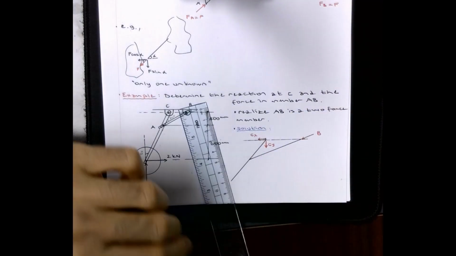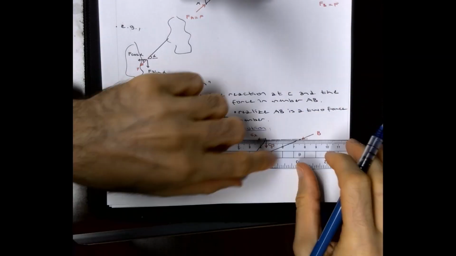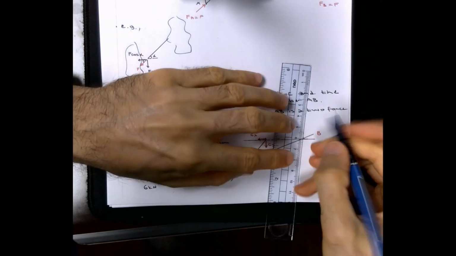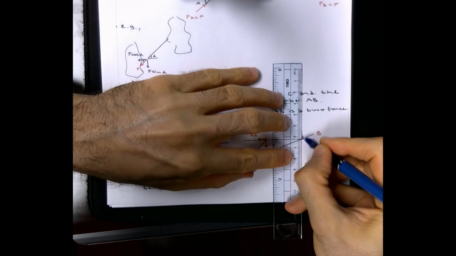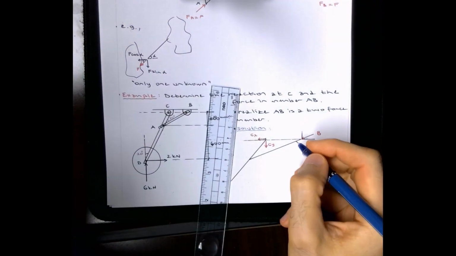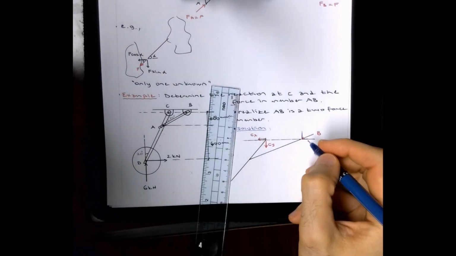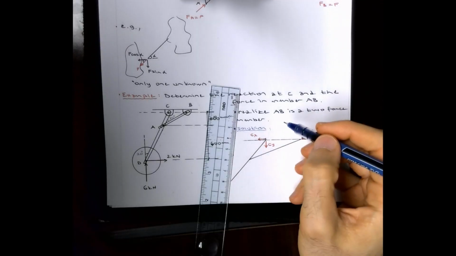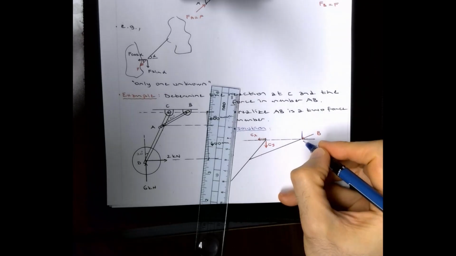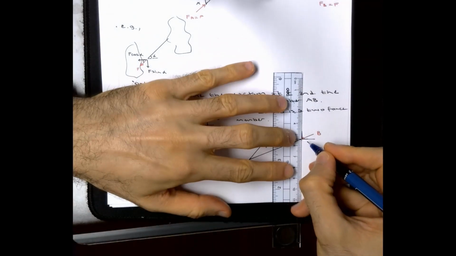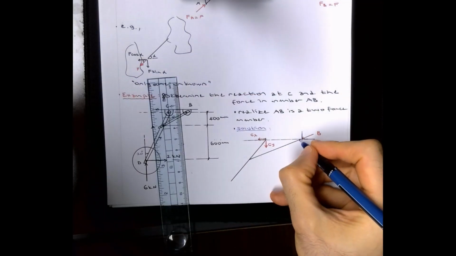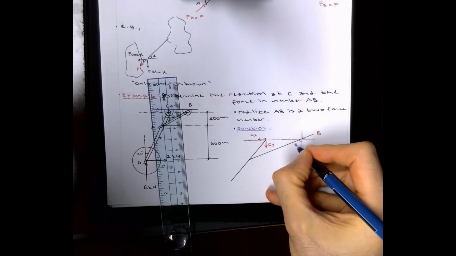So here two components, and this is, it looks like this angle I labeled it as 50 degree, right?